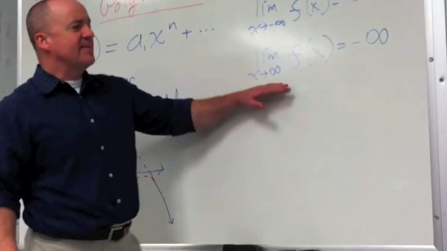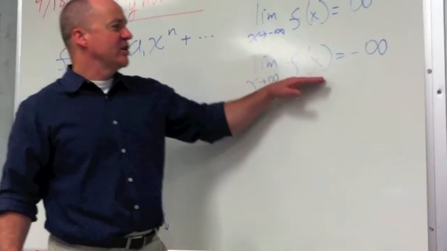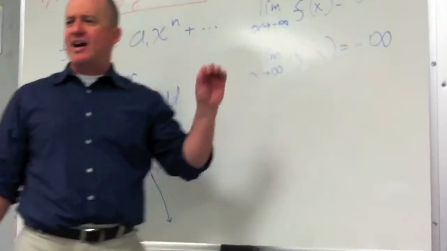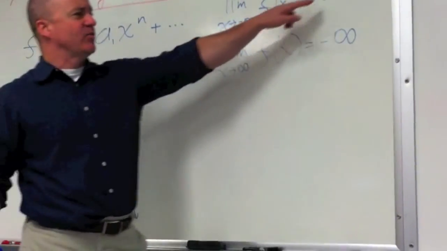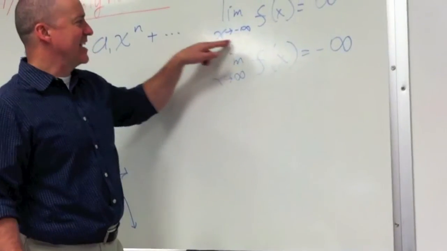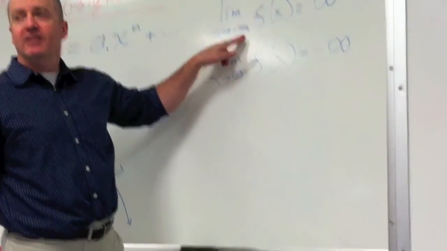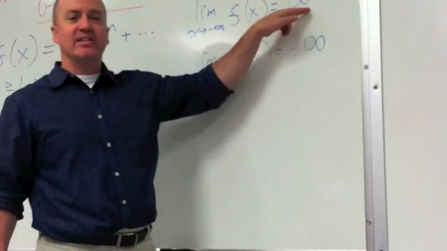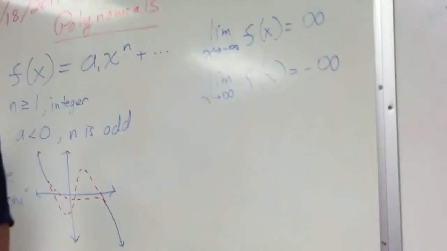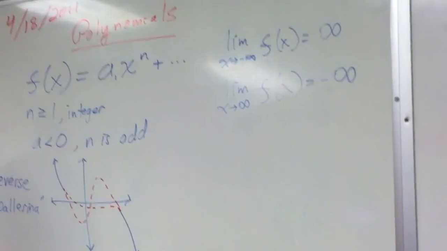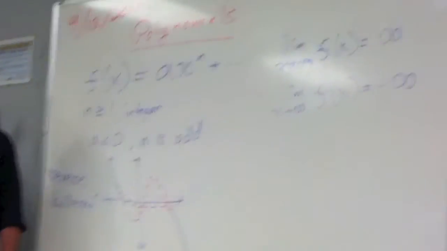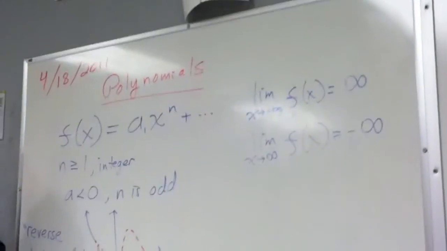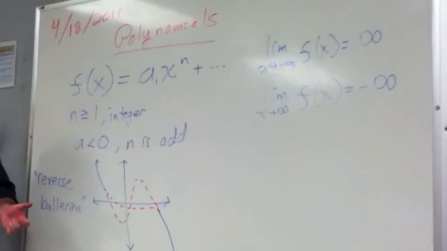When you're talking about the limit of a function, you are talking about where the function's y value is headed. So this means, what is y doing as x is doing this? X is going to the left, y is doing this. So the answer to a limit in all of the questions I'm going to ask you this semester is going to be some sort of y value or up or down direction. Does that make sense?